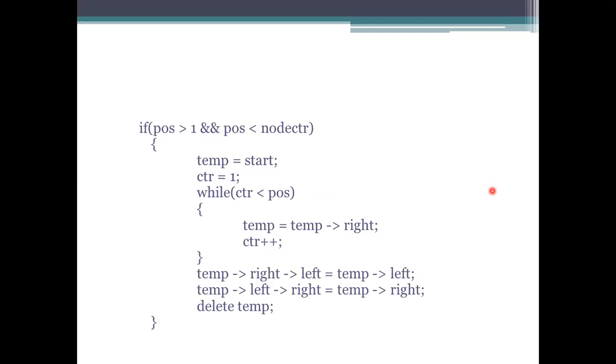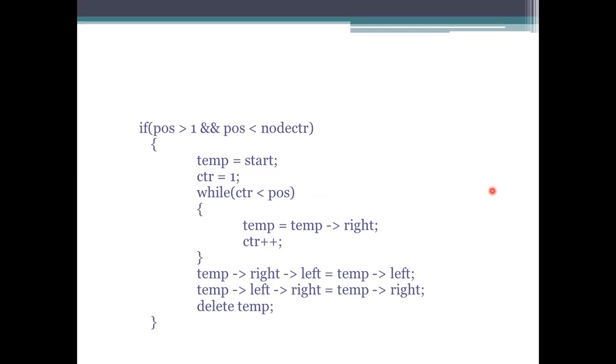So here, first, what you have been taking is the position you have been given. If the position is greater than 1 and less than the node count, that is the sender, meaning to which point we need to move, whether it is less than or greater than.